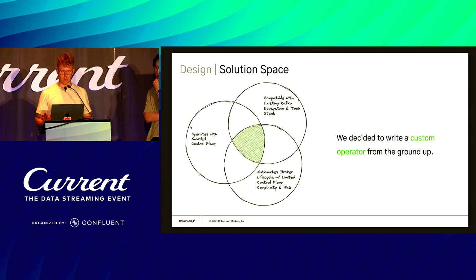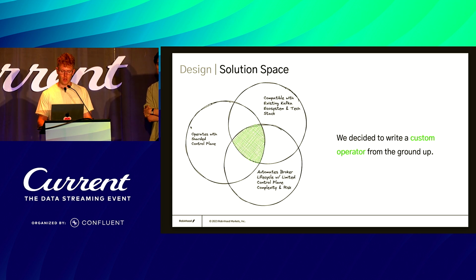So taking some of those constraints, we mapped those out, which you can see in the Venn diagram. Some of those things we talked about: we want this sharded control plane. We want the right level of automation, but also to limit the risk that we're introducing, moving from servers that we don't touch into a more dynamic environment running on pods that could be churned.